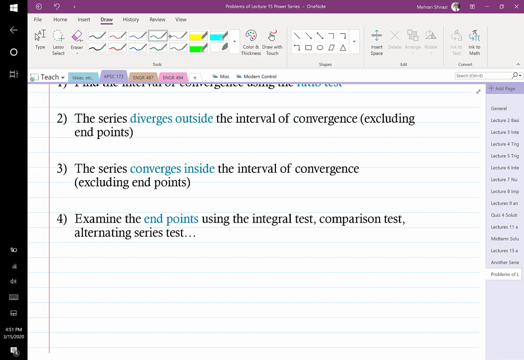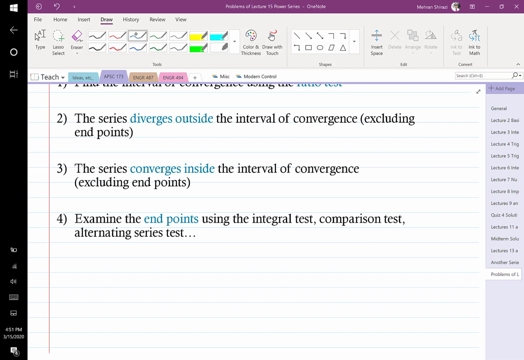Again, this is very easy. Anything given by the ratio test converges absolutely. That was one of the main results of the ratio test. It gives us absolute convergence. And conditional convergence might be only at the 2 endpoints of the interval, which we are going to check.